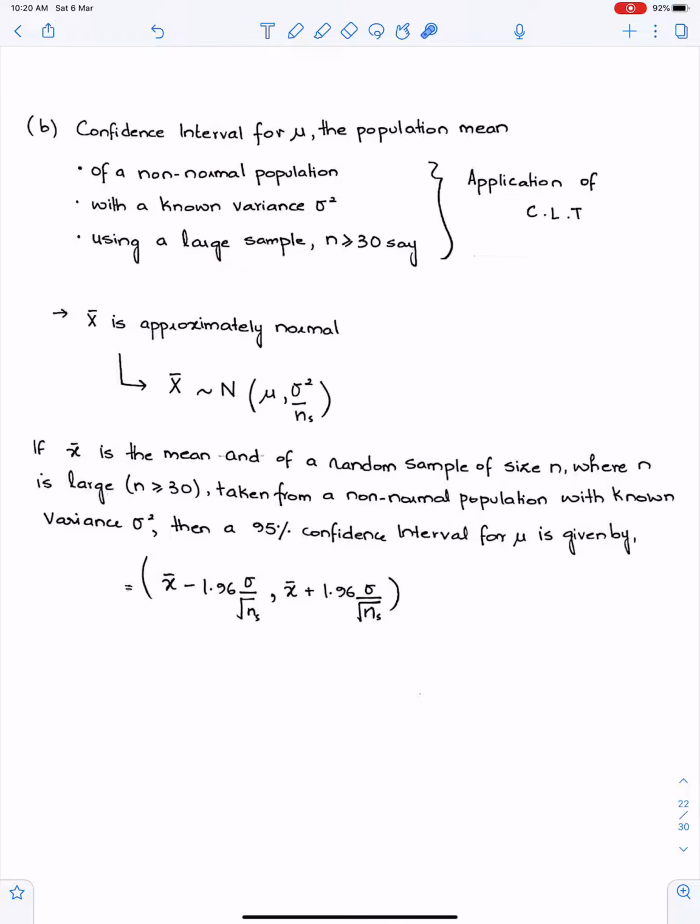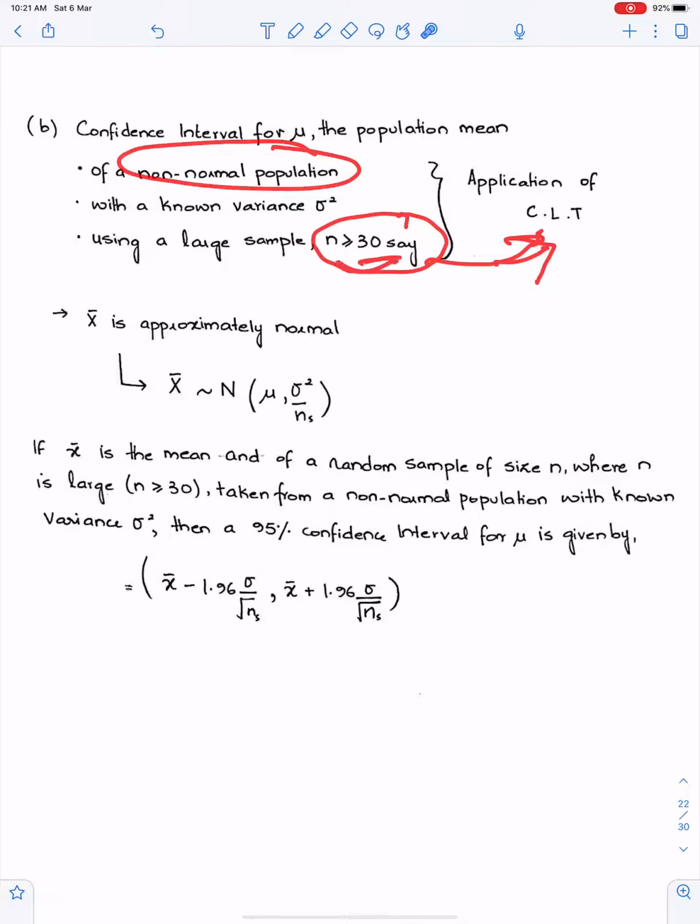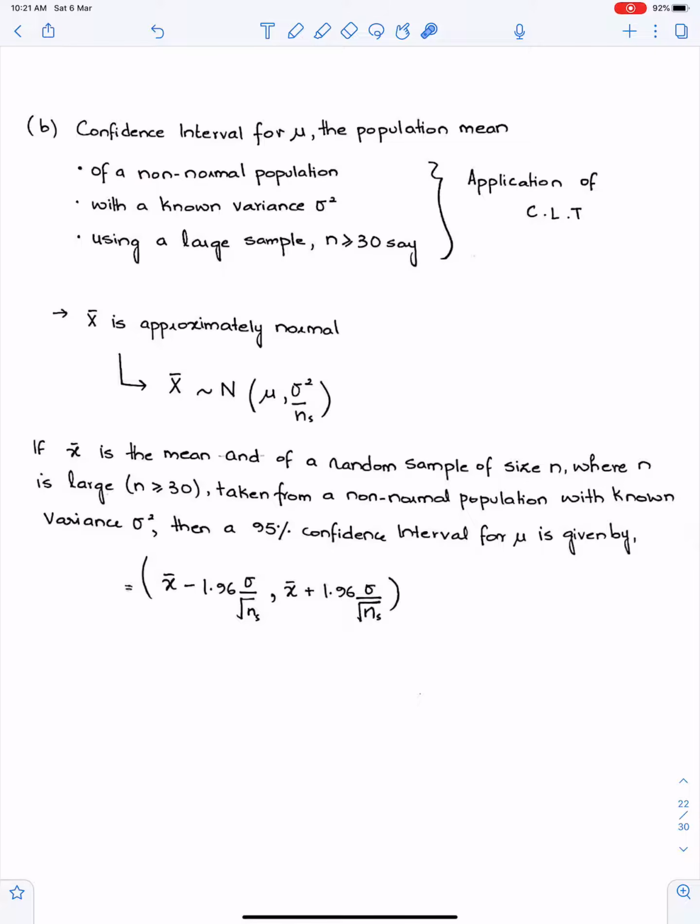This is the application of CLT. Whenever n is at least 30, we can use CLT. Because the statement of CLT is that for large sample size, the distribution of X bar is normal, meaning approximately normal.